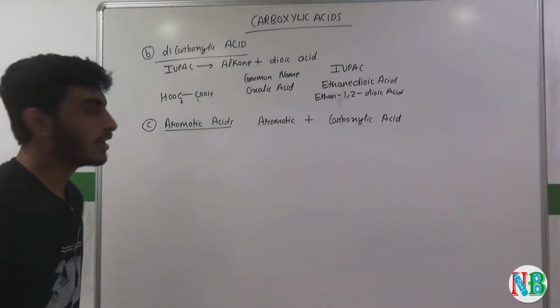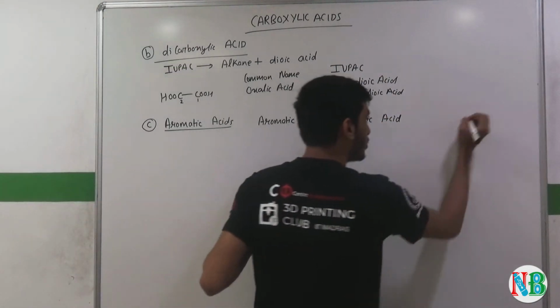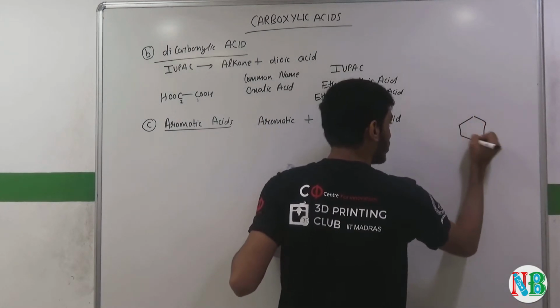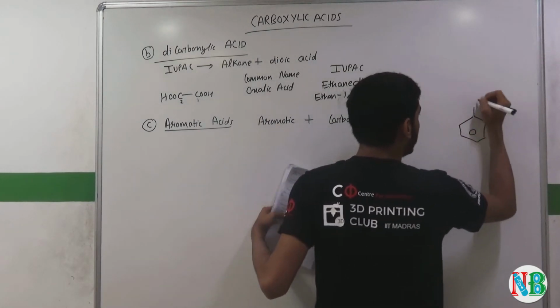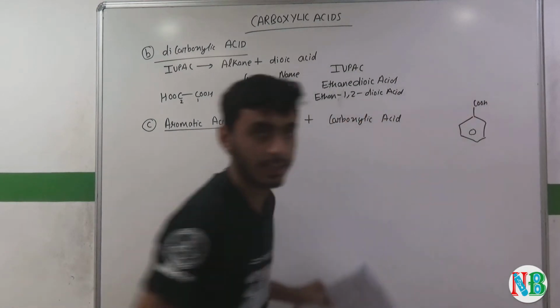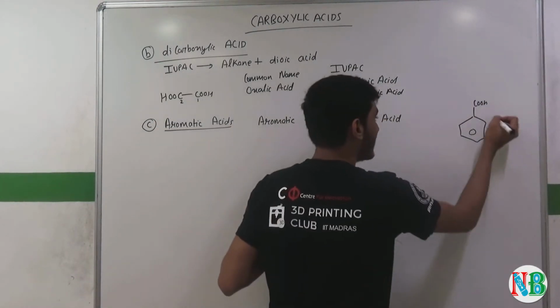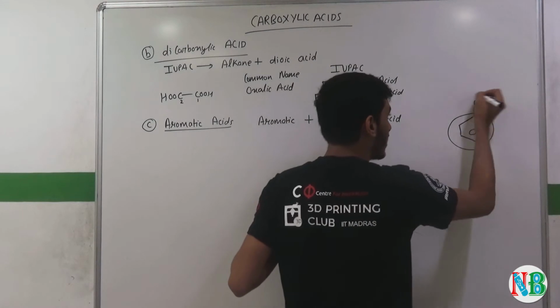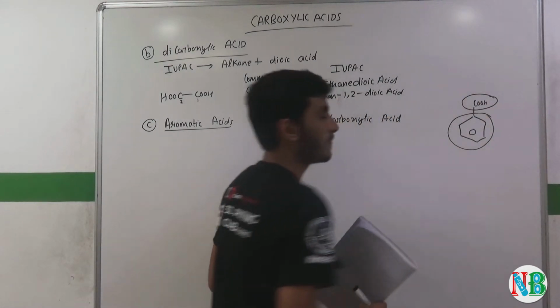Simple. Why like this? Suppose you have a ring structure. Always the COOH group will be outside the ring. So you have to name it like aromatic and then carboxylic acid.